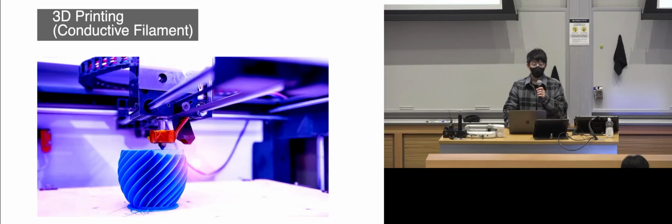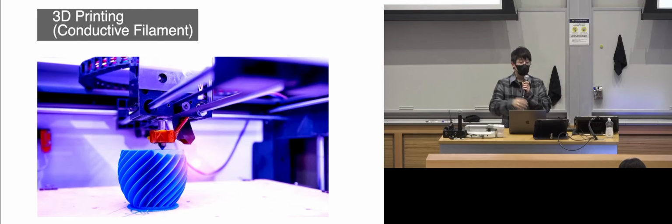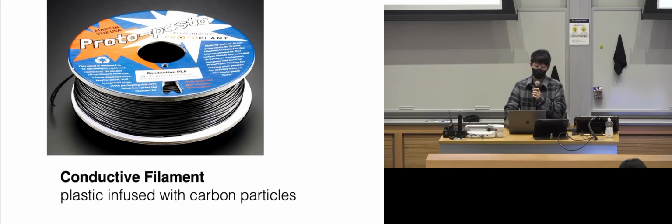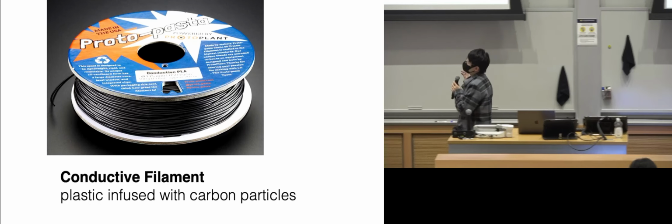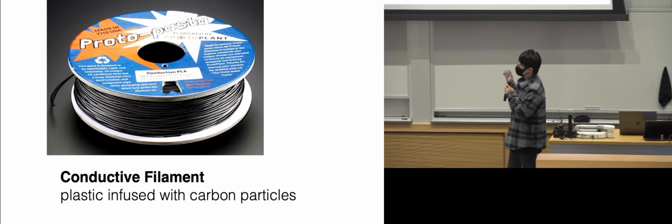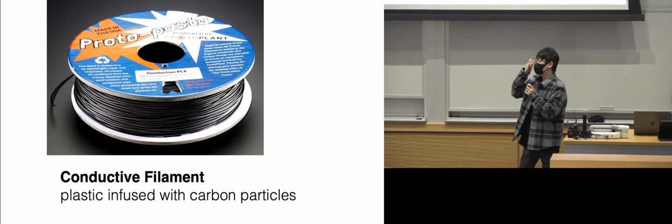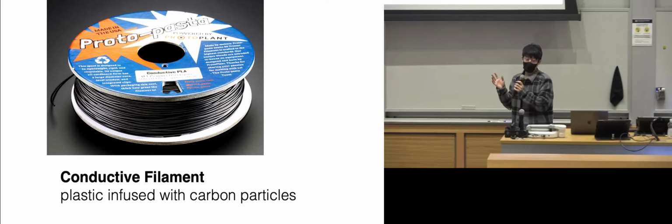Another thing is you can also use 3D printing to print essentially 3D circuits inside of your object design. There are different levels of conductive filament available. This is, I think, one of the most commonly used conductive filaments. It's essentially PLA or plastic infused with some carbon particles.